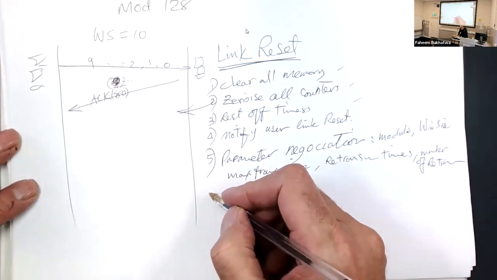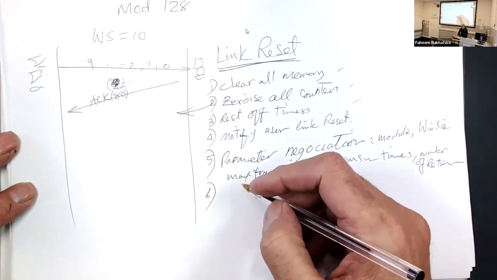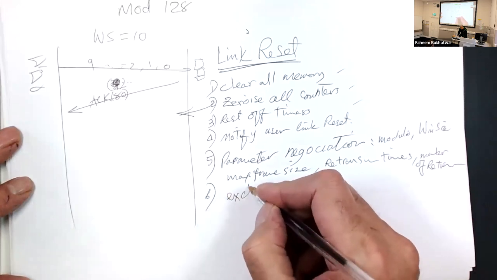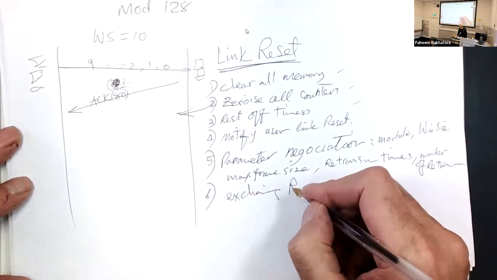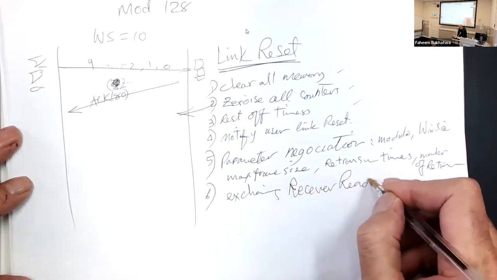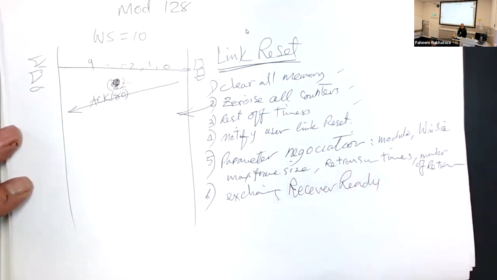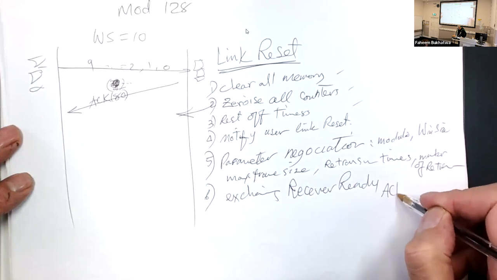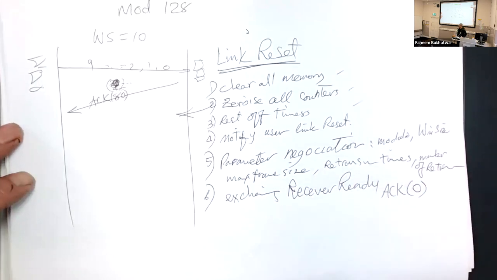Anyway, these are all sent. And finally, one last thing we do is exchange a frame called receiver ready. That means we're ready to communicate again. What's the receiver ready? It's just like an acknowledgement, an acknowledgement 0.